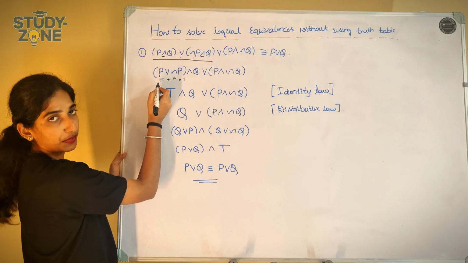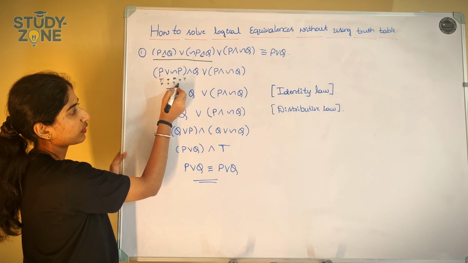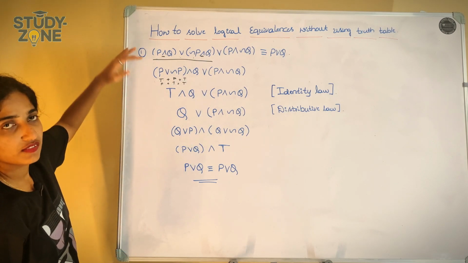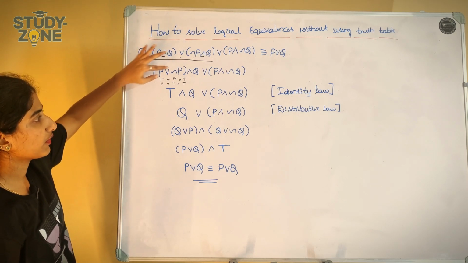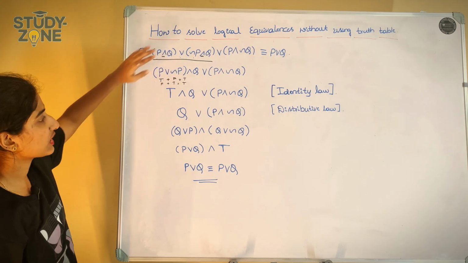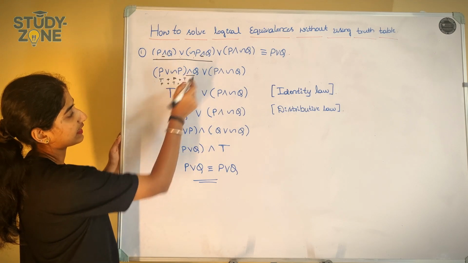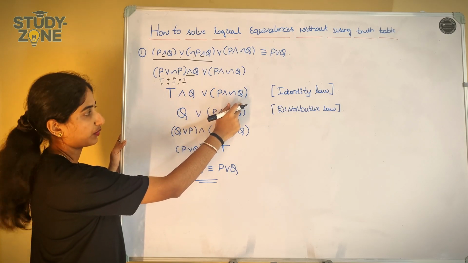And if we take P as false, which means not P is true, which is also equal to true. Whether we take P as true or not P as true, we will get the result as true only. That's why we are taking here true. And then this is as it is, that is not Q or P and not Q.